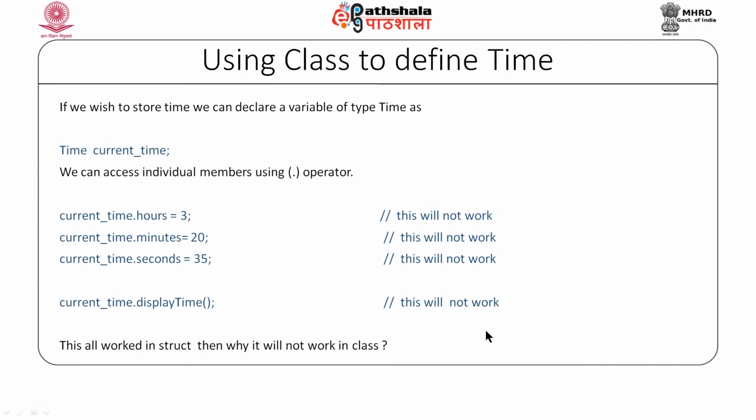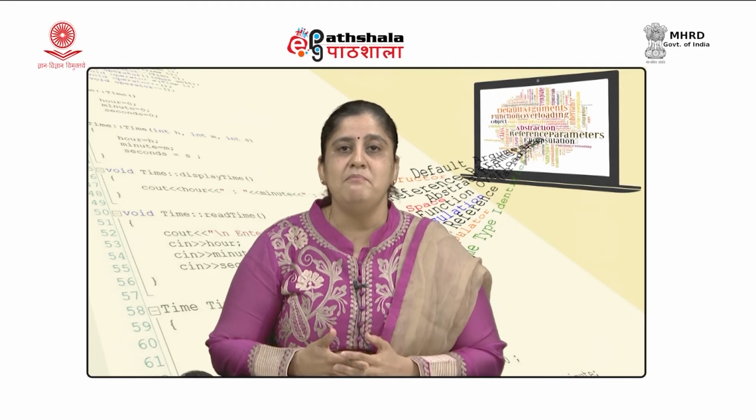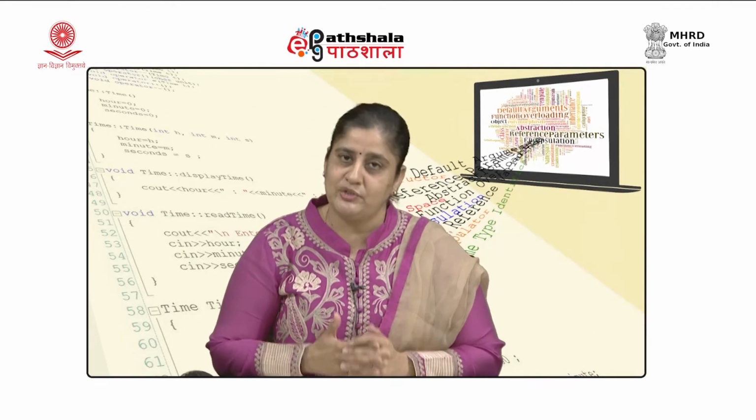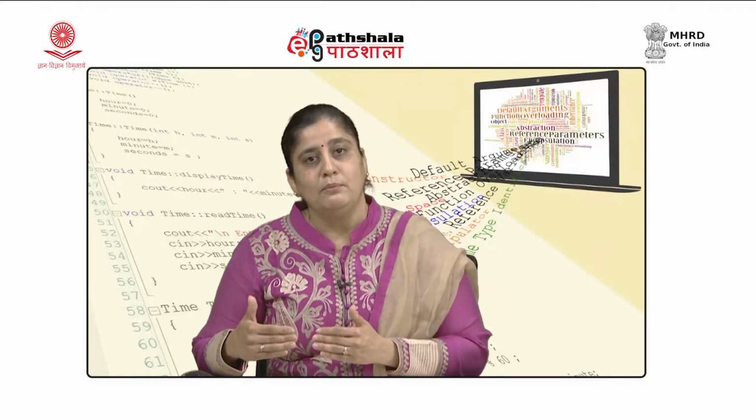What is the reason? Well, the reason is that the members of class and structure have access specifications, namely private, public and protected, which means it is possible for us to define the members of the class and structure as private, public or protected.